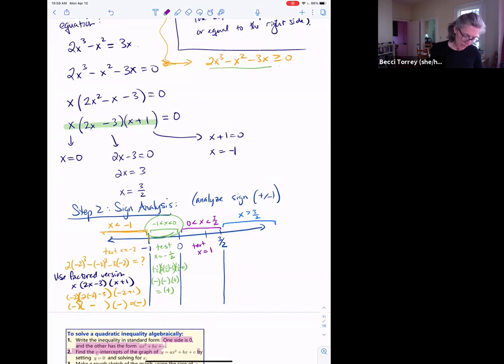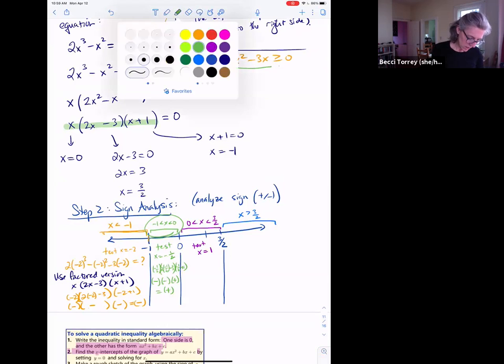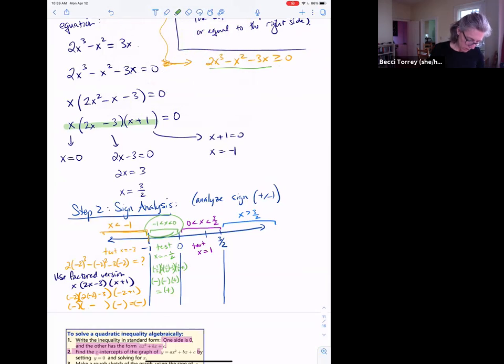Again, I'm plugging it into my factored version of the formula over here. So I have 1 times 2 times 1 minus 3 times 1 plus 1. So this is a positive number. 2 minus 3 is still negative.